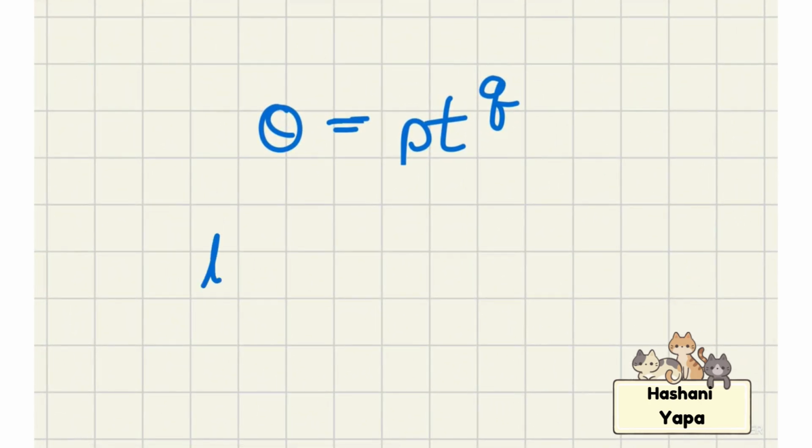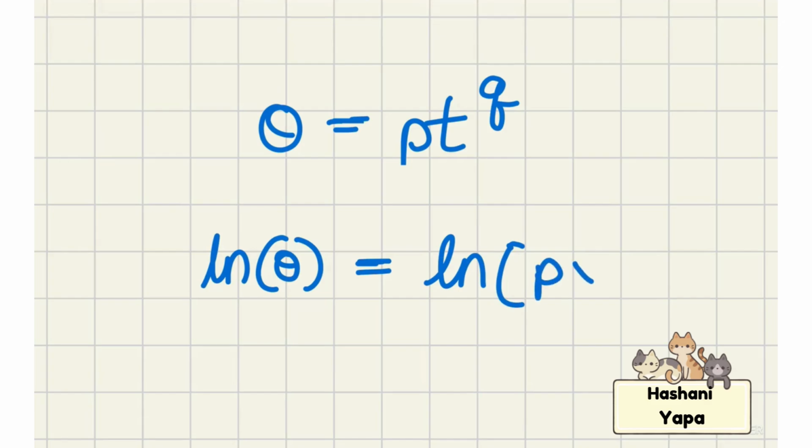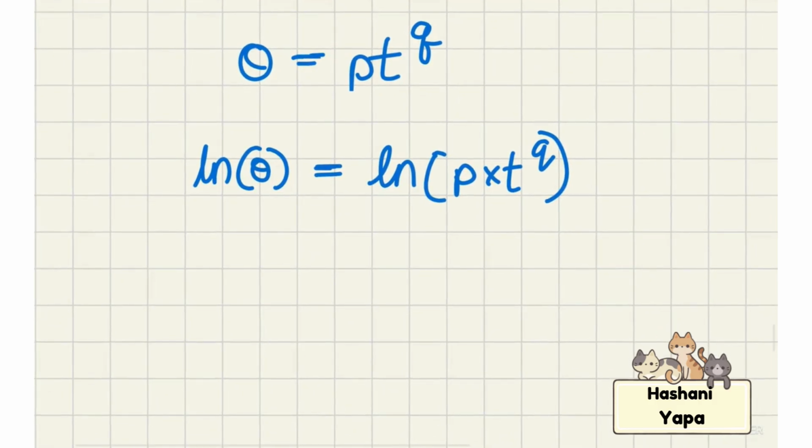We can put ln on both sides. So ln theta equals ln of p times t to the power q. Now also, ln and logarithm rules are very similar to each other.